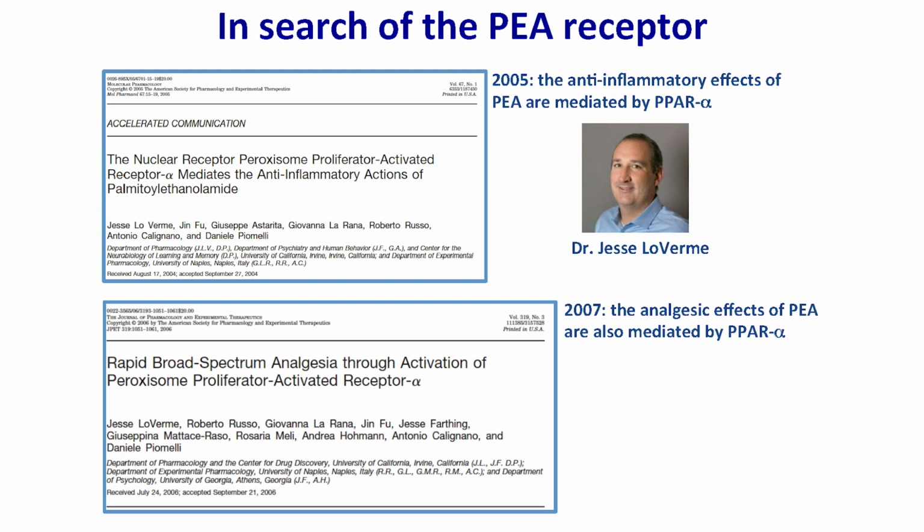If you knock out PPAR-alpha, the effects are gone. If you give a PPAR-alpha mimic, the effects are replicated. If you use a PPAR-alpha blocker, the effects are gone. So it really is entirely mediated by PPAR-alpha.